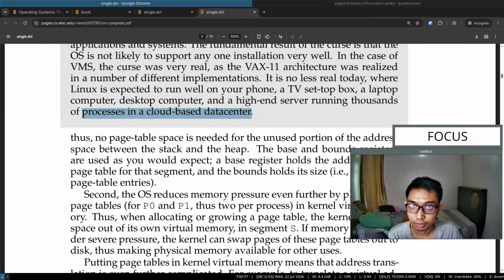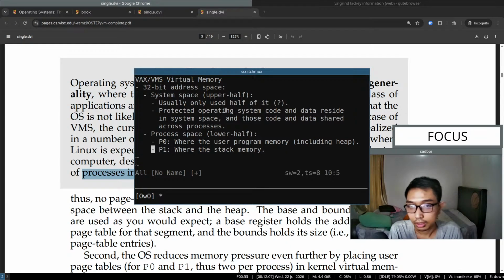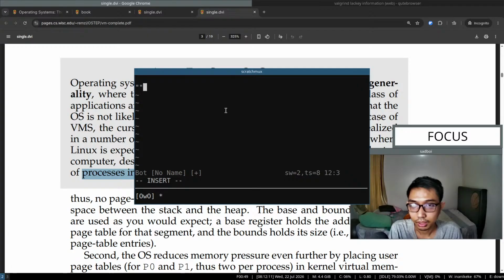Right, the curse of generality. You know, there's a saying, something like: one size fits all, fits nothing.